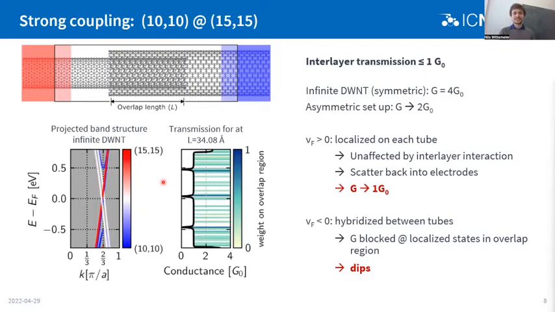They're localized on the overlap region. So they're not localized on either of the 2 tubes. They're not completely delocalized through the whole system, but they're really localized in the overlap region.